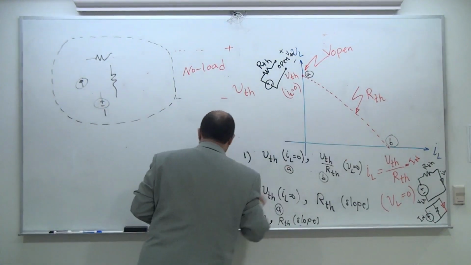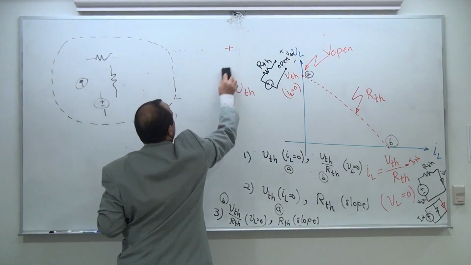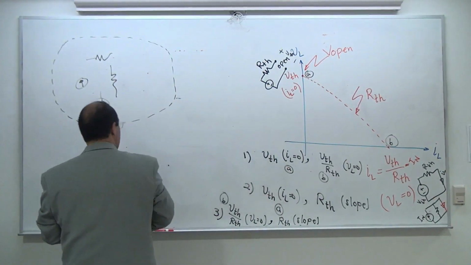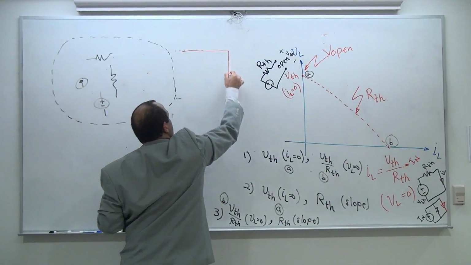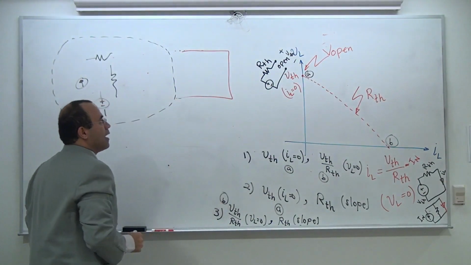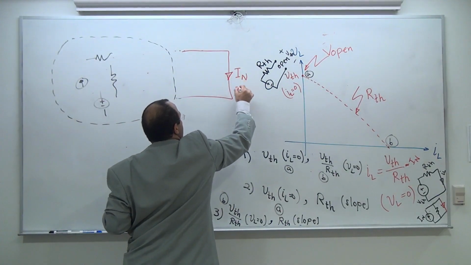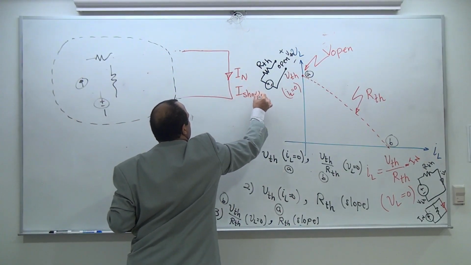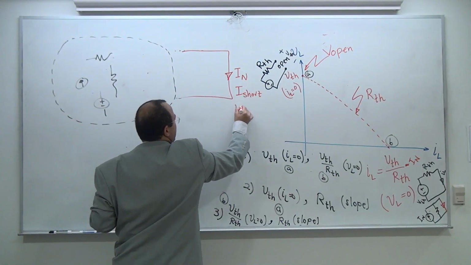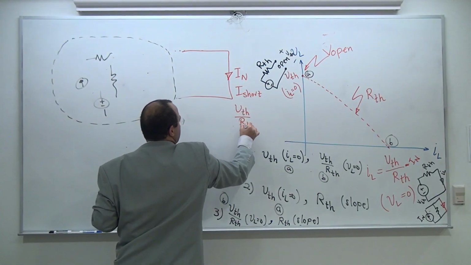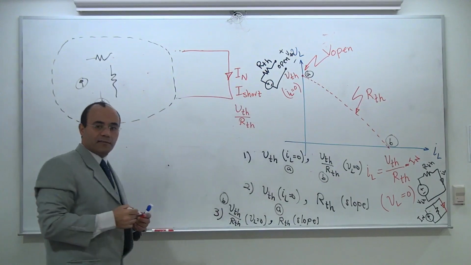What is the last point? The last point says, why don't you connect this and tell me how much this current is? This is I short. This is V Thevenin divided by R Thevenin. Tell me how much this current is. Remove the load.